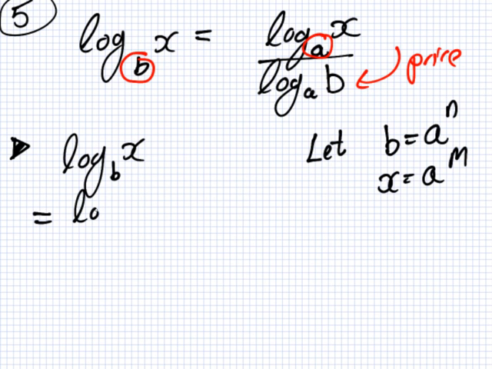So this would be log base a^n of a^m. Yeah? I just replaced the b and the x. Now maybe somebody can see what this is. Maybe.